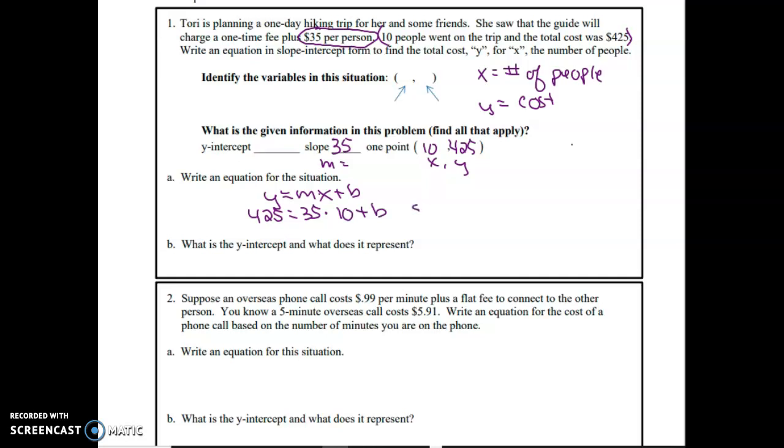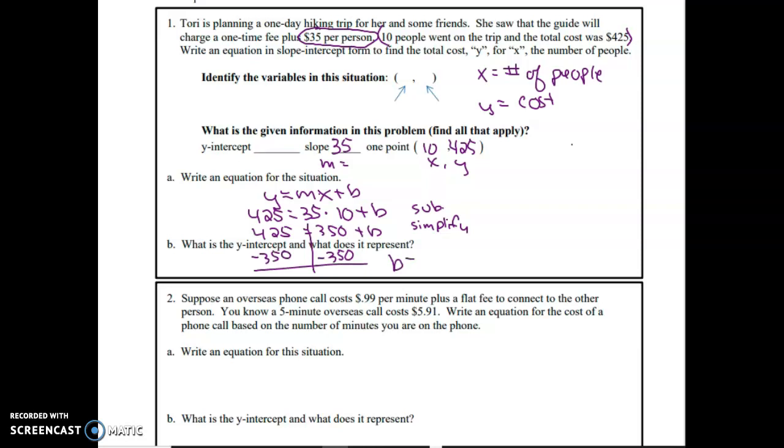So we substituted, simplify by multiplying. 425 equals 350 plus b. I'm going to run into my work here. Solving, what do I need to do? You need to subtract 350, always opposites here, from both sides.